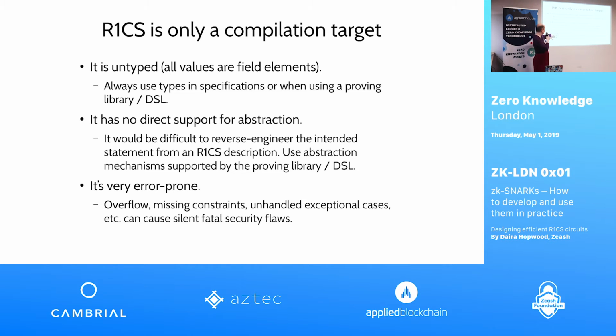Another thing about it is it's very error prone. So if you want to do integer arithmetic and you're representing that in terms of field elements and the arithmetic overflows, then you'll get the wrong answer relative to what you wanted. And for a security protocol, obviously that's bad. If you miss anything out, then that's probably an attack.